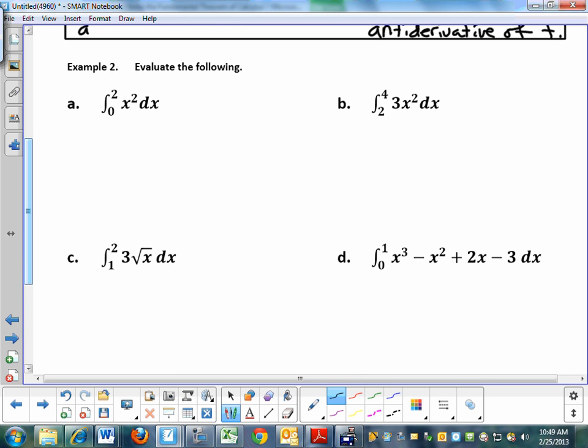Remember when I looked at a function, I told you that the answer was 8/3. Watch how quickly I was able to do that, and you'll now be able to do the same thing. If I want to evaluate the area bounded from 0 to 2 of x squared dx, you don't have to use that anymore. First, we find an antiderivative. What is the antiderivative of x squared? Evaluate it from 0 to 2. That's how I write it. Put a bar, and I put 2 at the top, I put 0 at the bottom. We plug in 2.